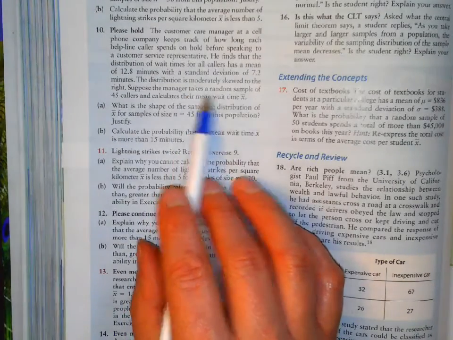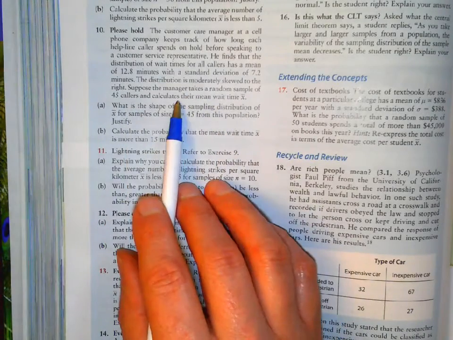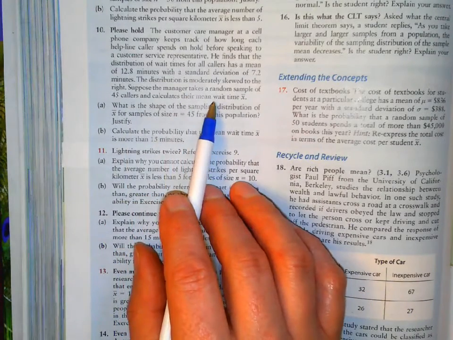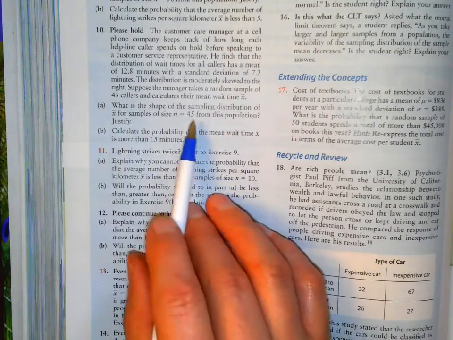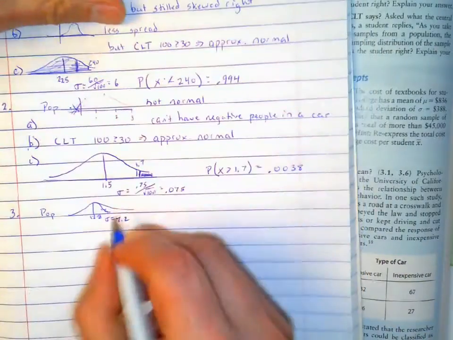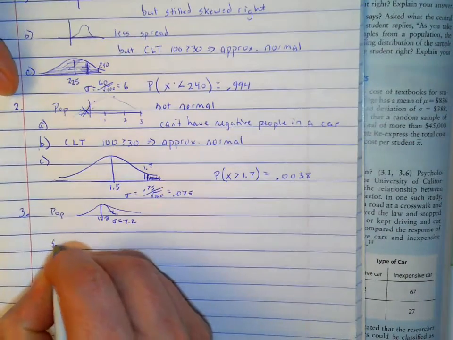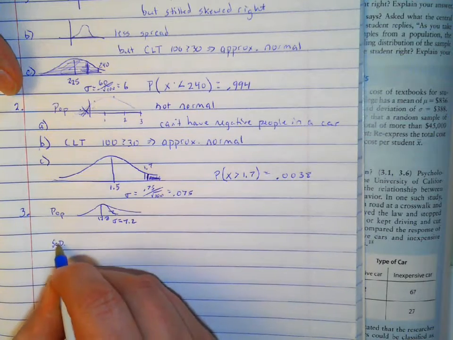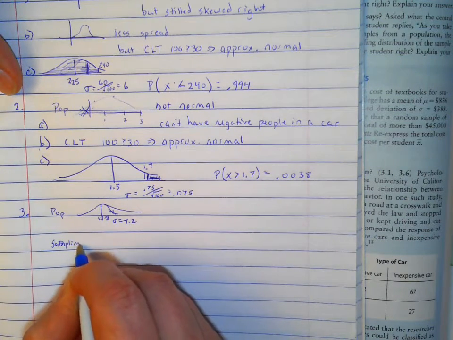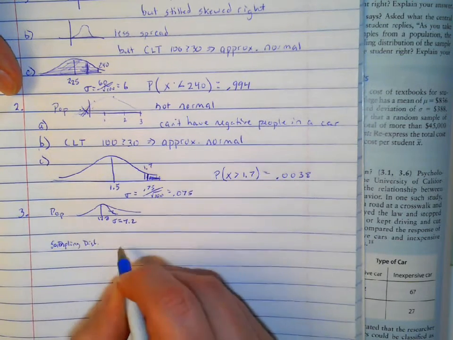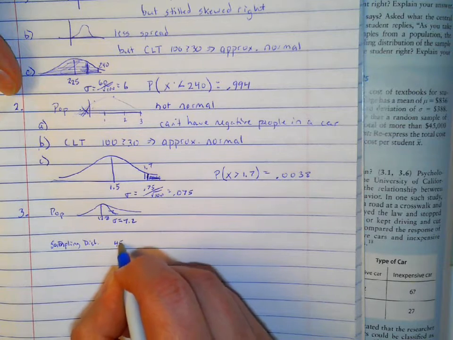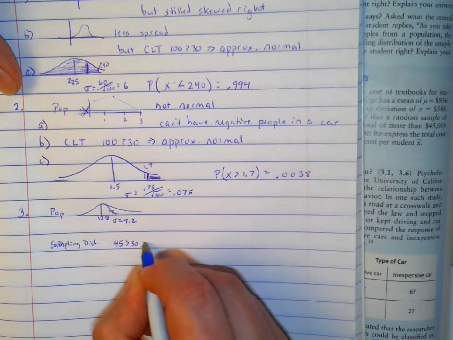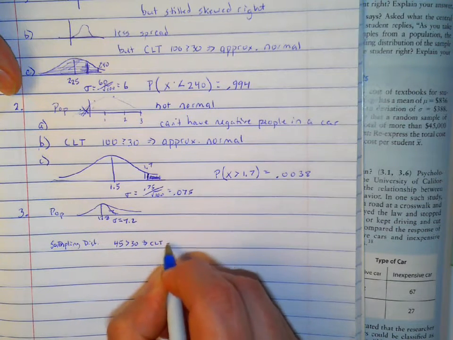Suppose a manager takes a sample of 45 callers and calculates their mean wait time. Okay, so for 45 callers, here's my sampling distribution. 45 is greater than 30, therefore with CLT we know it's approximately normal.